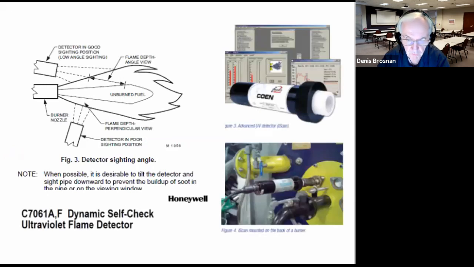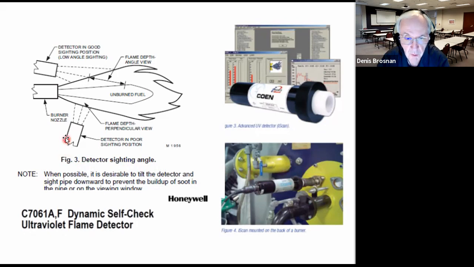Here's a diagram from the internet, apparently from Honeywell, which shows devices being attached to burners. Here's the burner housing right here. Okay, so the fuel and air is attached to this burner housing, and flame supervision equipment is sighting into a port attached to the burner.